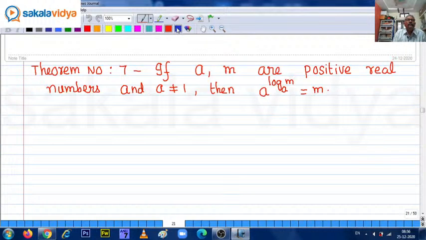Now, if a, m are positive real numbers, a does not equal 1, then a to the power of log m to the base a is equal to m. Let us prove it.